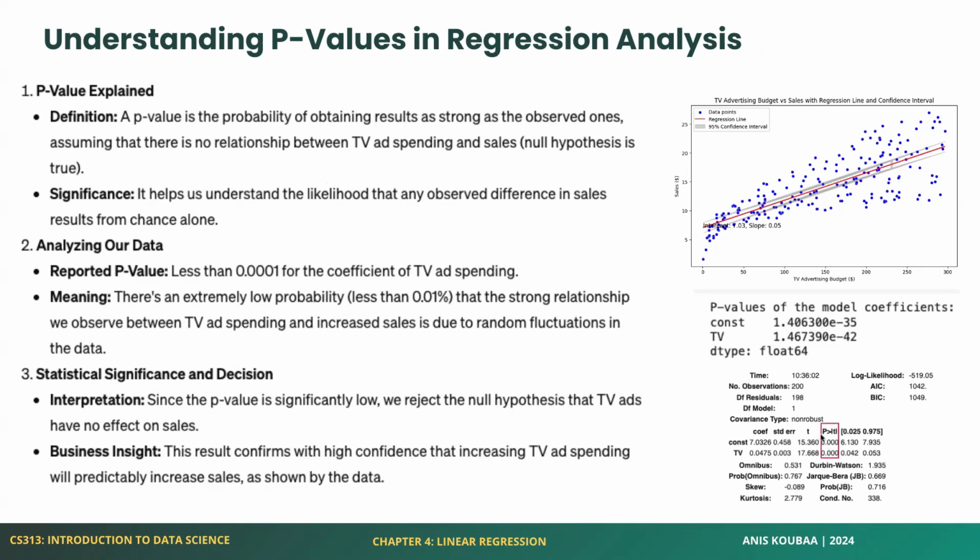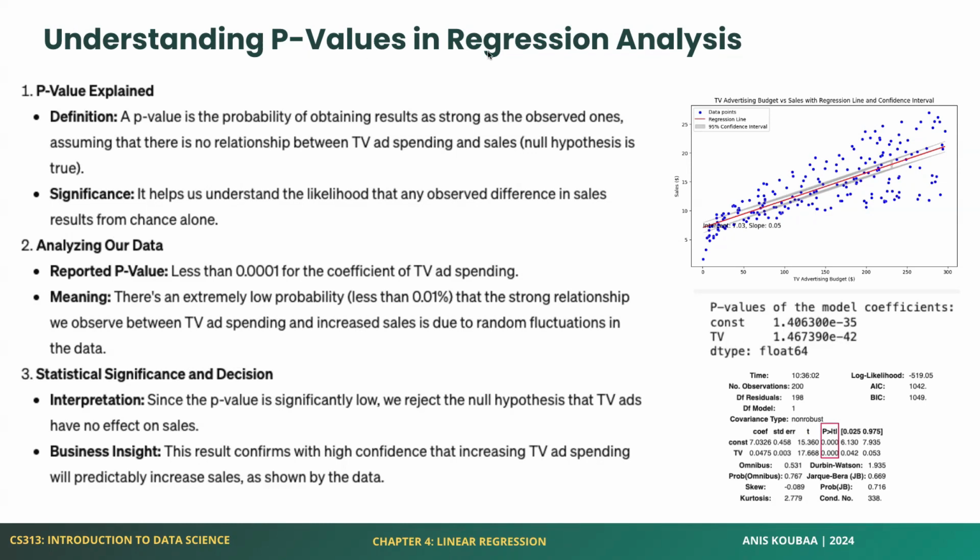And the p-value is also evaluated in the output of the linear regression model performance. And in our case, look, it's very, very small. It's 1.40 E minus 35, and here for the slope, it's 1.46 E minus 42.